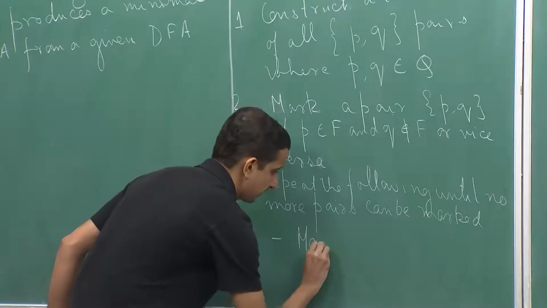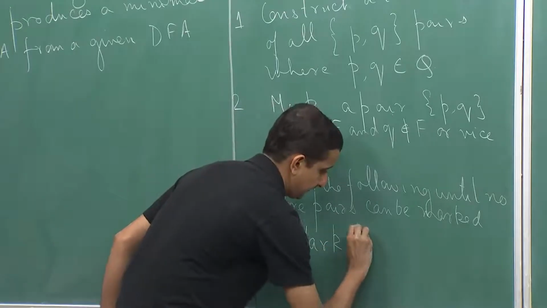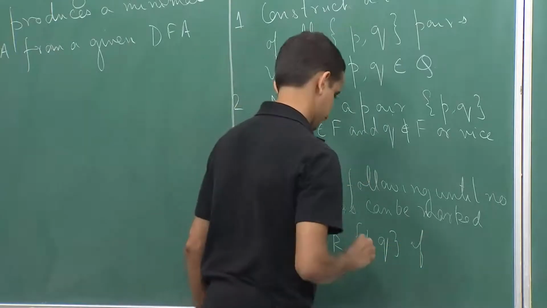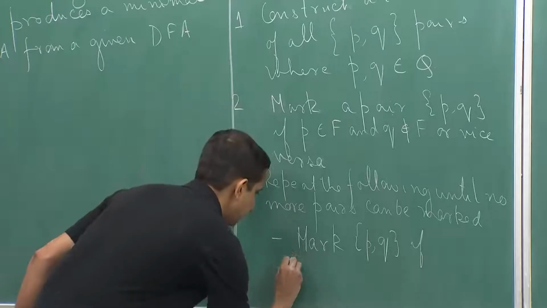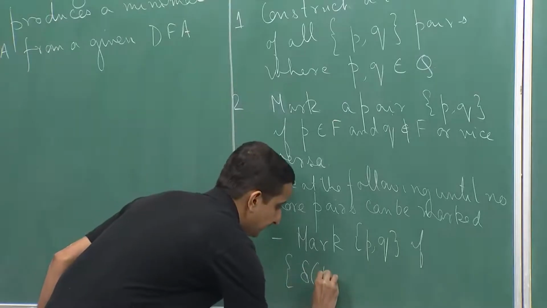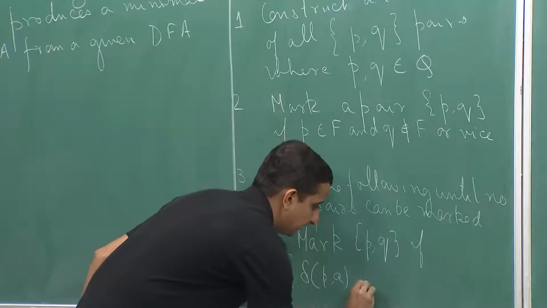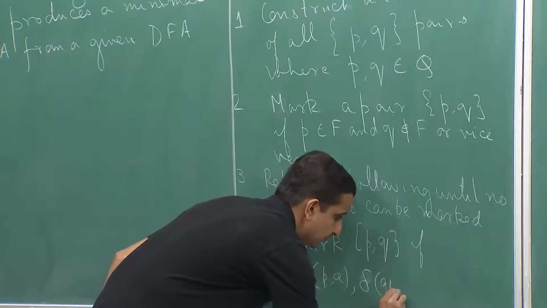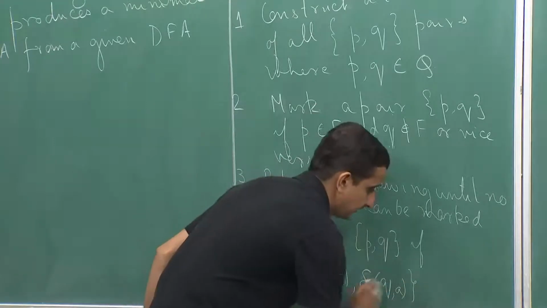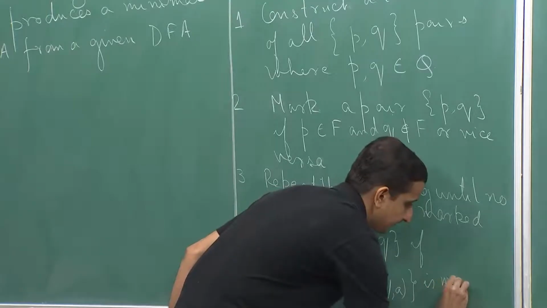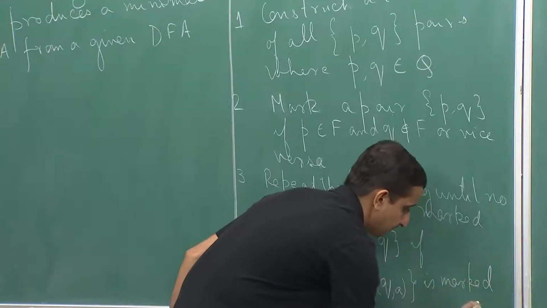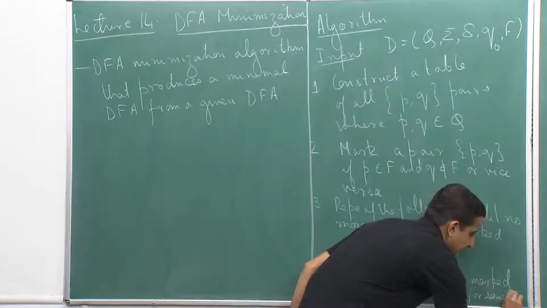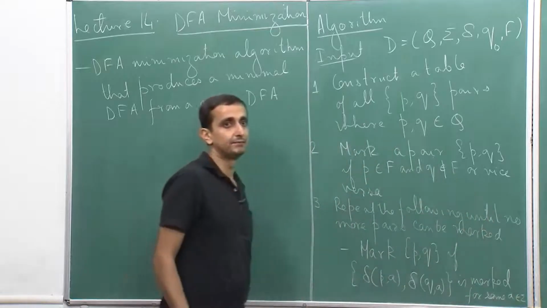Mark p, q if delta(p, a), delta(q, a) is marked for some a in sigma.